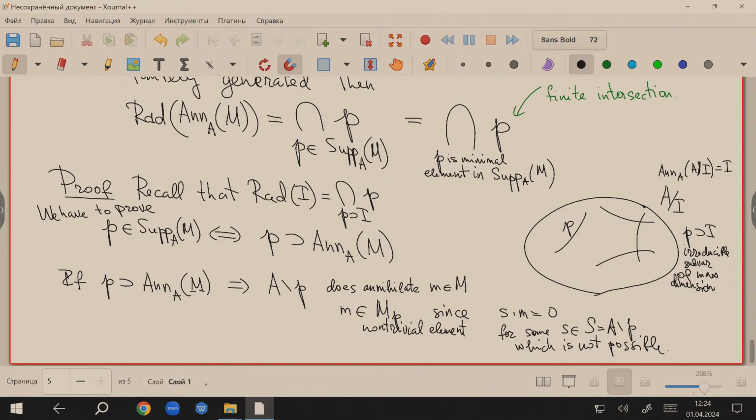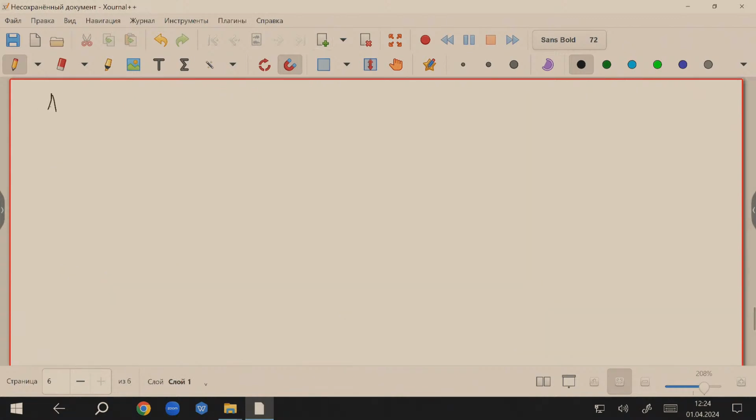So assume that M_P is equal to 0. This means that you have a collection of m_i's, so these are generators of M, and they should be annihilated by some elements when you pass to localization.